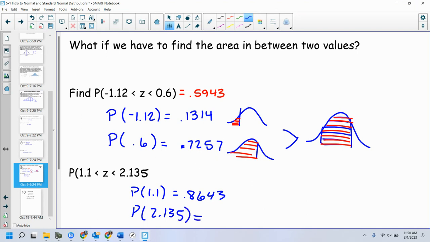Well, where is 2.13? 0.9834, right? What's 2.14? 0.9838. So we're right in the middle. 0.9836. Just find the average. You follow me there? Yeah.